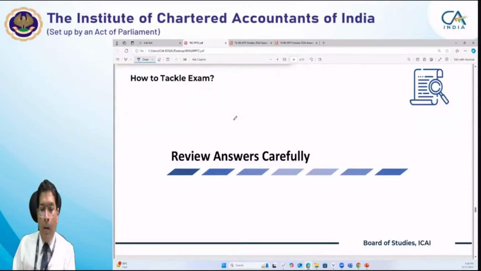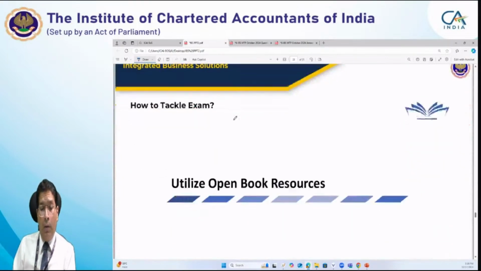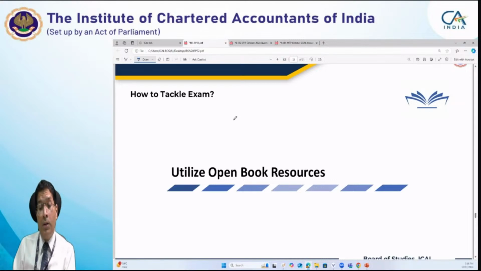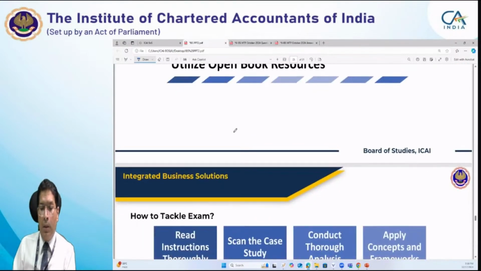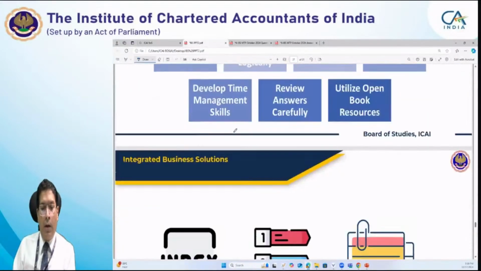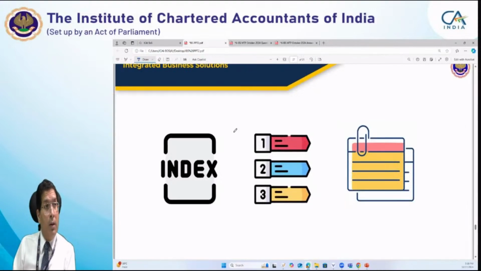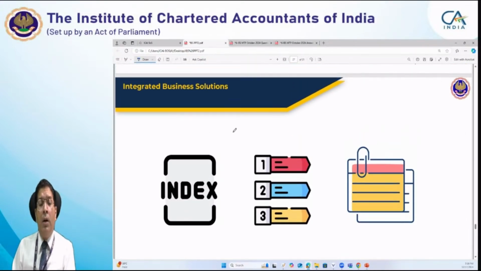Review your answer carefully. After doing your answer, please recheck your answers, highlight your important words, and utilize open book resources carefully. This is all that I have explained to you, and this is very important because this is an open book exam.